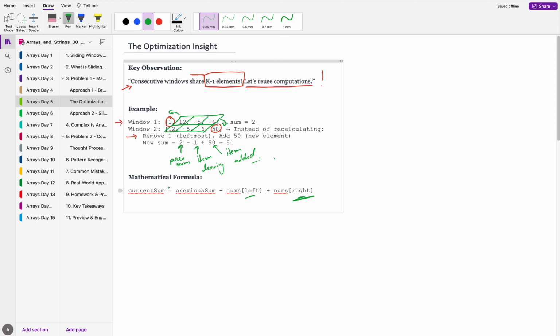So this is the mathematical formula which enables us to avoid recalculating, by subtracting the item which is leaving my window and adding the item which is coming inside my window. Okay, so this is the whole logic. This is how we can avoid recalculating. Let's see this in action now.